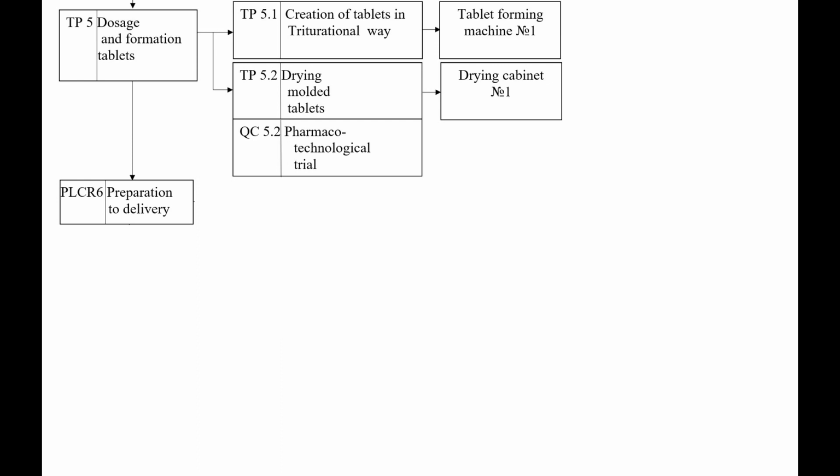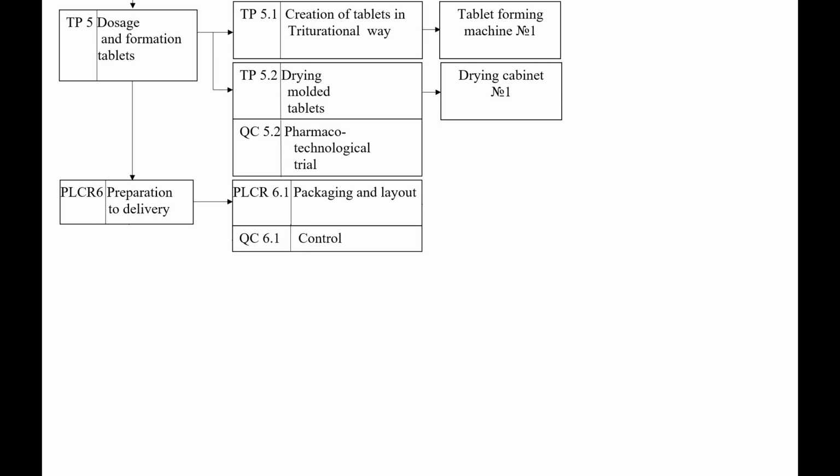The next step is the preparation of the finished drug for packaging. The abbreviation is PRCL. The process corresponds to the name of the stage, as does the numbering. At this stage, quality control of the drug is carried out. That is, the product is ready for transportation and use.